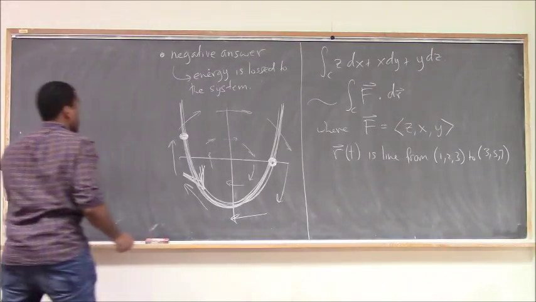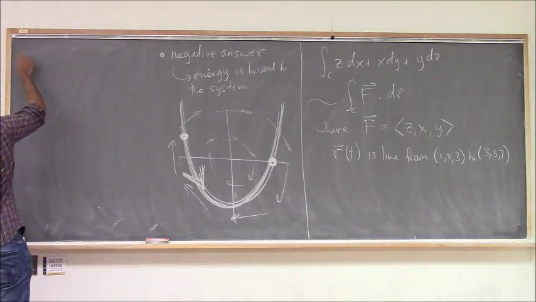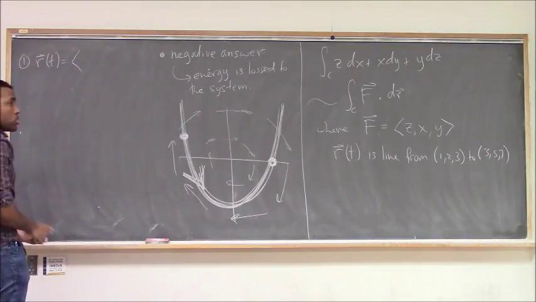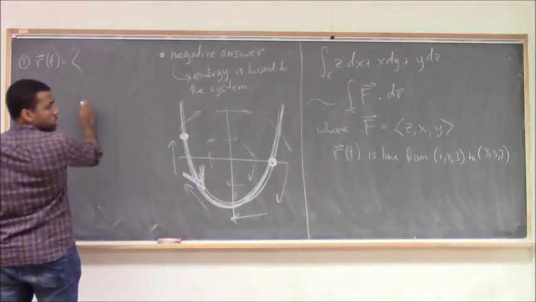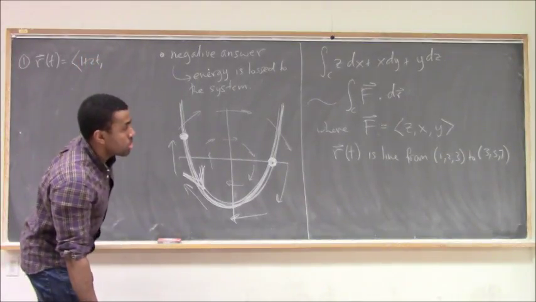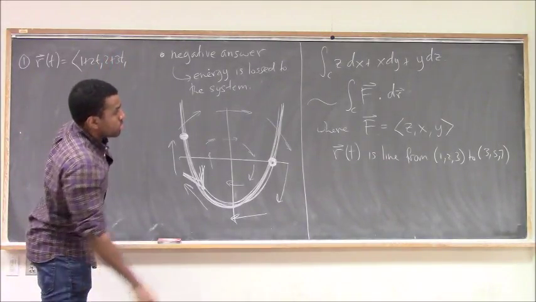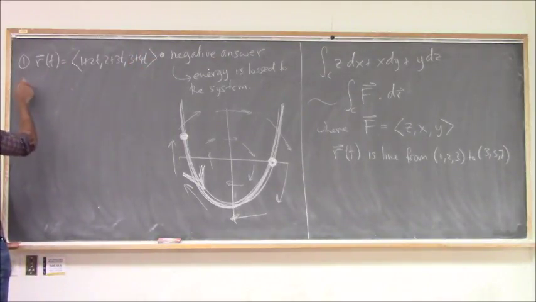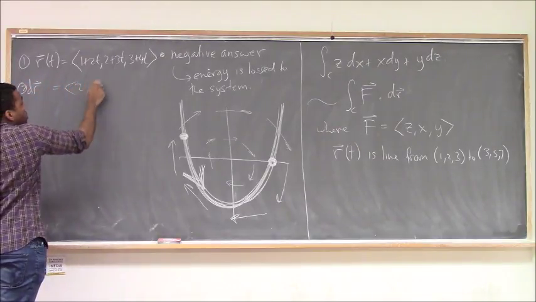So you could do something like: first we parameterize our line segment, which would be 1 plus 2t, 2 plus 3t, 3 plus 4t. You can find your dr. It's going to be ⟨2, 3, 4⟩.